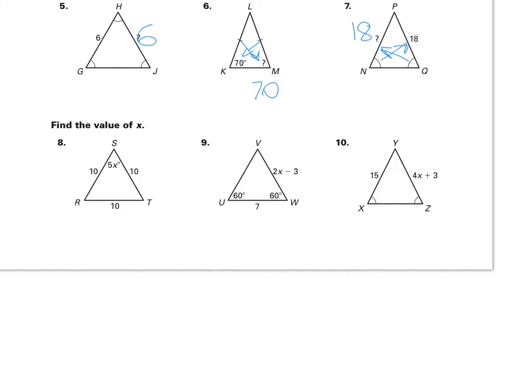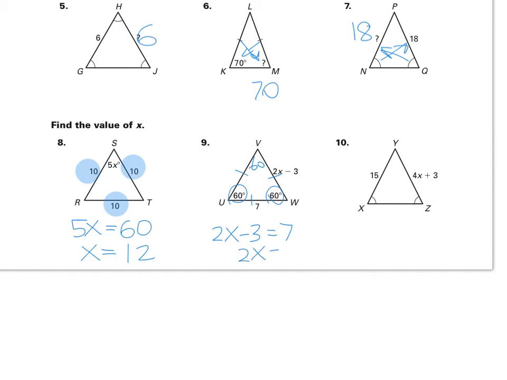Paying attention to this being equilateral, it's equiangular. We just said each angle has to measure 60 degrees. I have congruent angles, and the fact that they're 60 degrees makes this 60, so that means all of these sides are congruent.